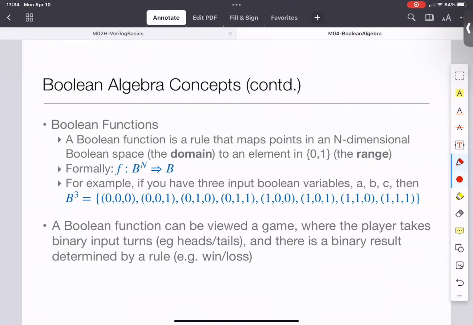So there are various ways one can think about these Boolean functions, and it depends upon what you think of as these ones and zeros.